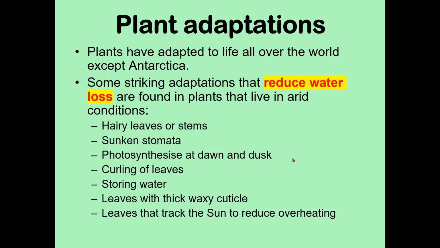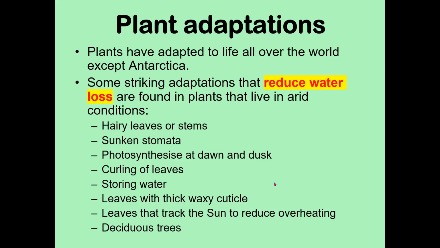So, for example, in Central Australia, there are gum trees where the leaves hang down, and the edge of the leaf in the morning faces the sun, and as the sun tracks across, the leaf turns, so the edge of the leaf always follows the sun. Minimum exposure of sun on the leaf. And then after sundown, the leaf slowly rotates back to its original position, ready for the next morning.